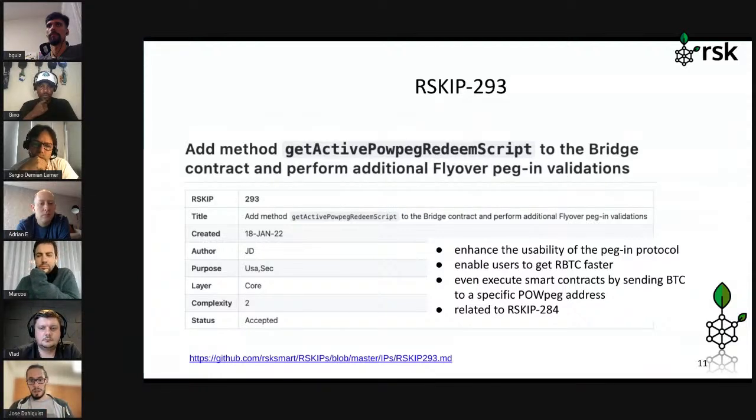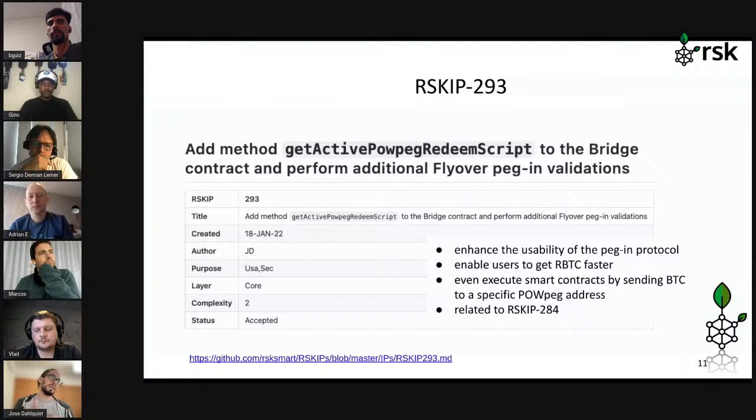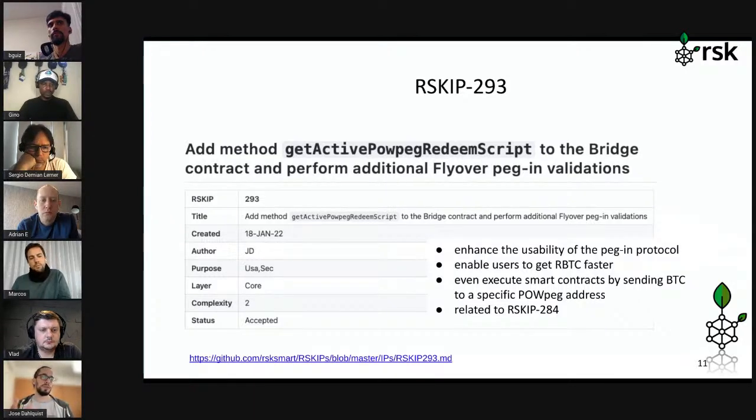And also we added a couple of improvements in the protocol in the sense of taking into account not only the active PowPeg, but also the retiring PowPeg. This is just for a border scenario where during a migration, there could be flyover pegins being attempted to be registered, sending funds to the retiring PowPeg instead of the active PowPeg. Again, this is just a safe measure to ensure that no funds will be lost.